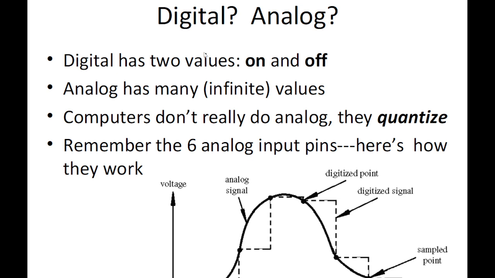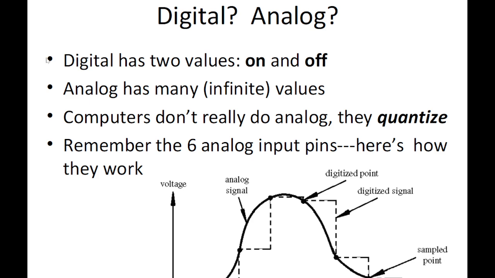Okay, so this is a very introductory slide on what is digital and what is analog. The digital term means that the values are only on and off. So the voltages are either, for example, if you see my mouse, let's say this is my voltage level 0, ground level.